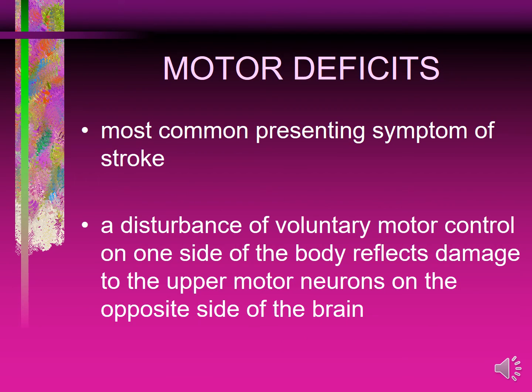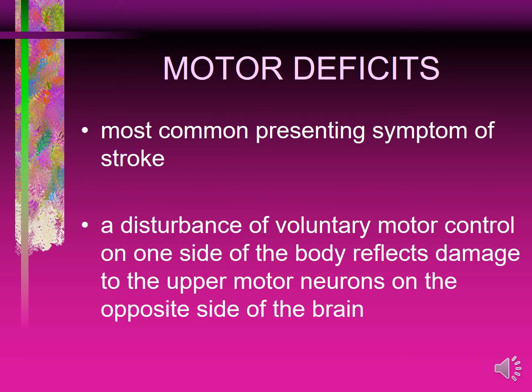Deficit is usually the most commonly presenting symptom of a stroke, and it can be anything. It tends to be on one side of the body only, because most strokes tend to occlude a blood vessel on one side of the body. You can have global, which means both sides of the body, but that's a very, very large stroke if that happens.